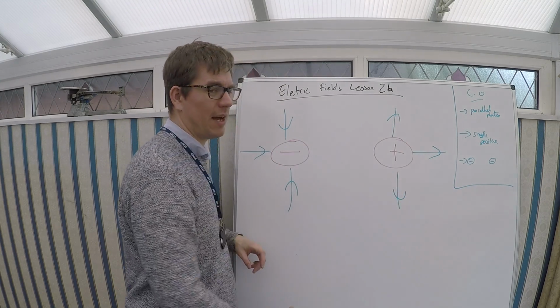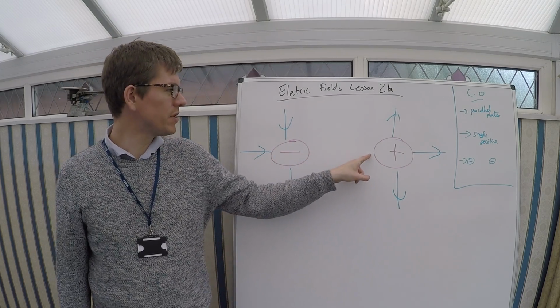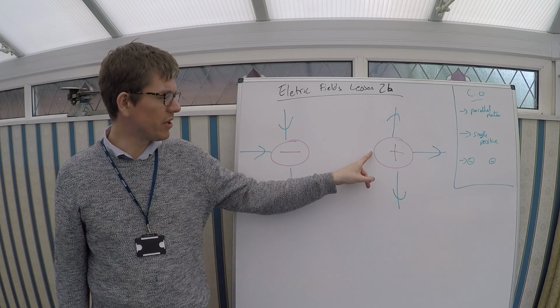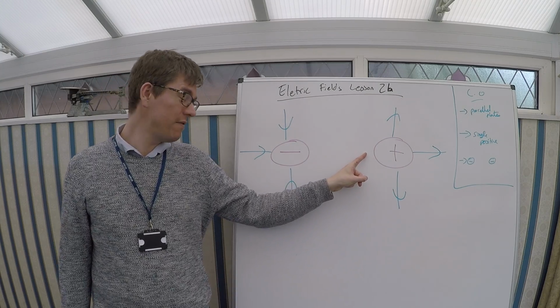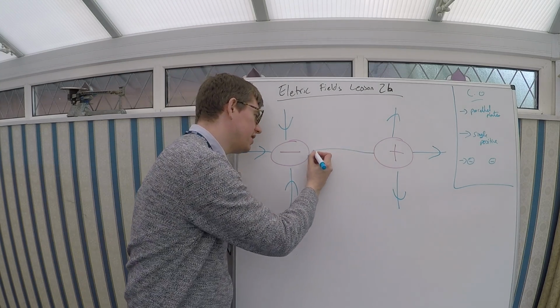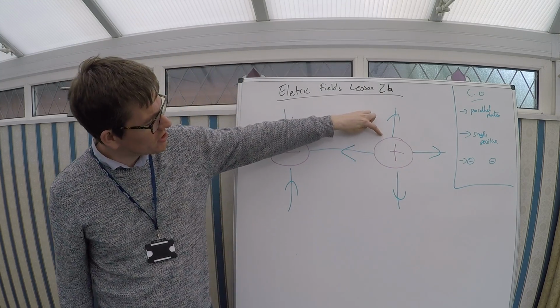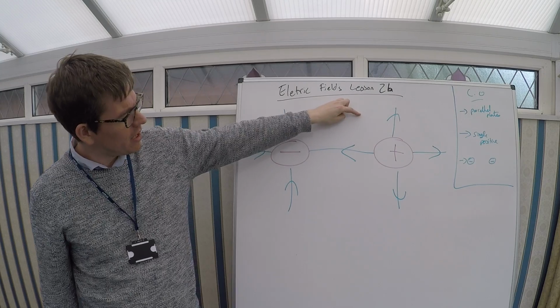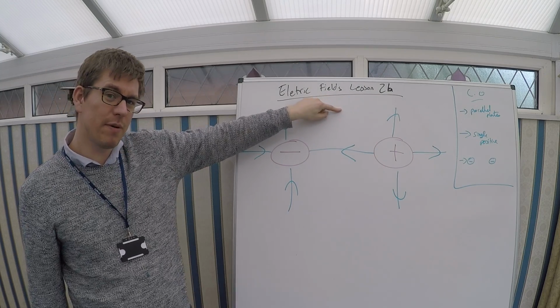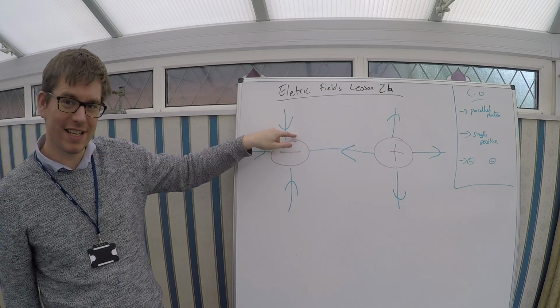The question is, what's going to happen in the middle? Well, if you imagine a straight line in between these two, if you're a positive charge, you'd be accelerated away from the positive and towards the negative. So what we're going to get is just a nice line like this. Similarly, if you were here, you'd start to be pushed away from the positive, but then you'd be picked up by the negative field and you'd be pulled into the negative charge.